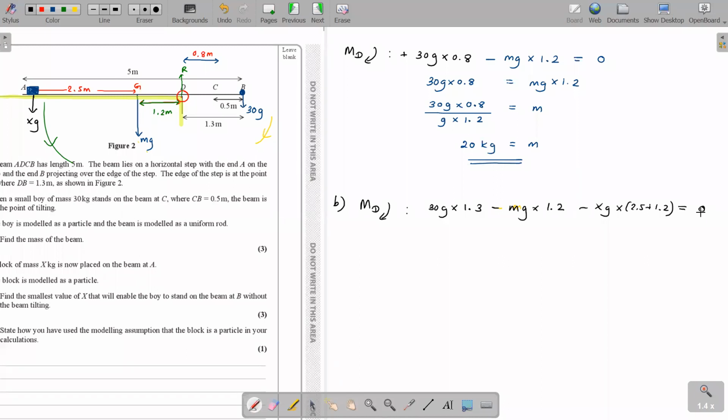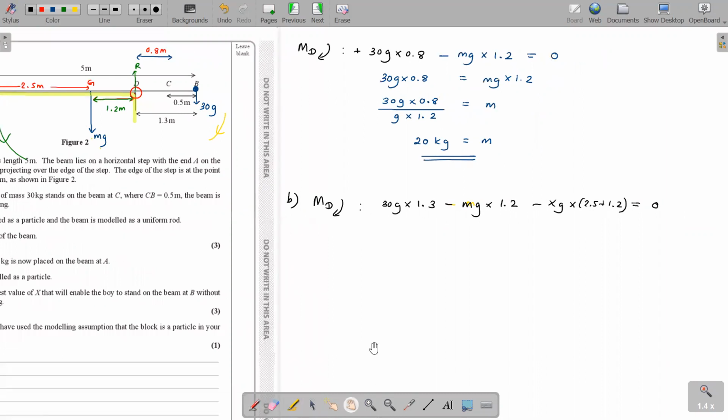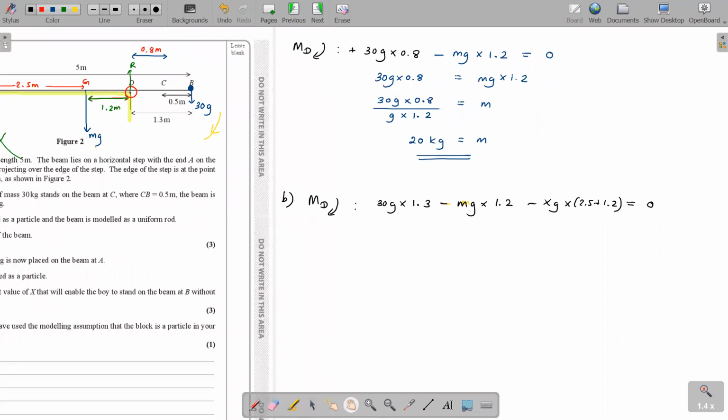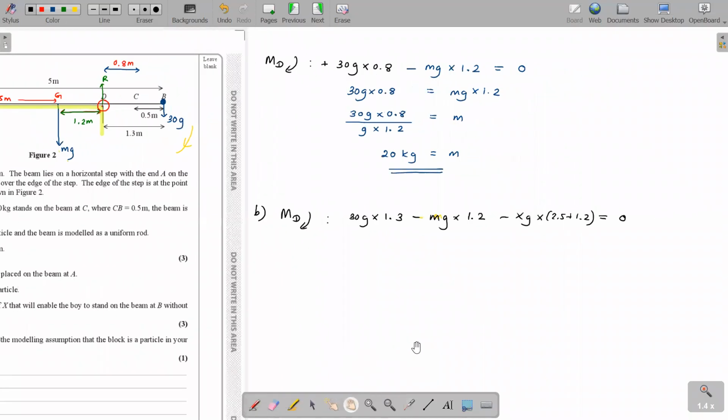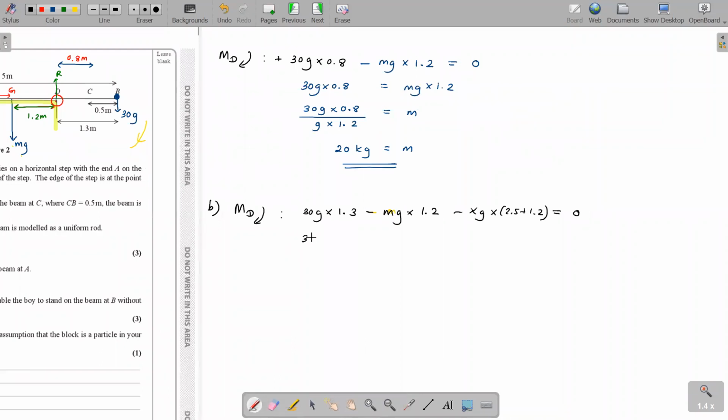Now make X the subject. Let's make X the subject. So I get 30g into 1.3. The m value was found in the previous part: it's 20g into 1.2.